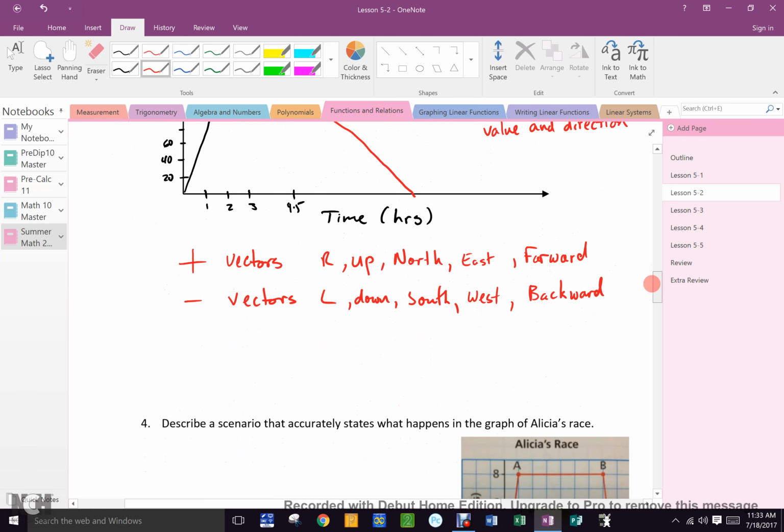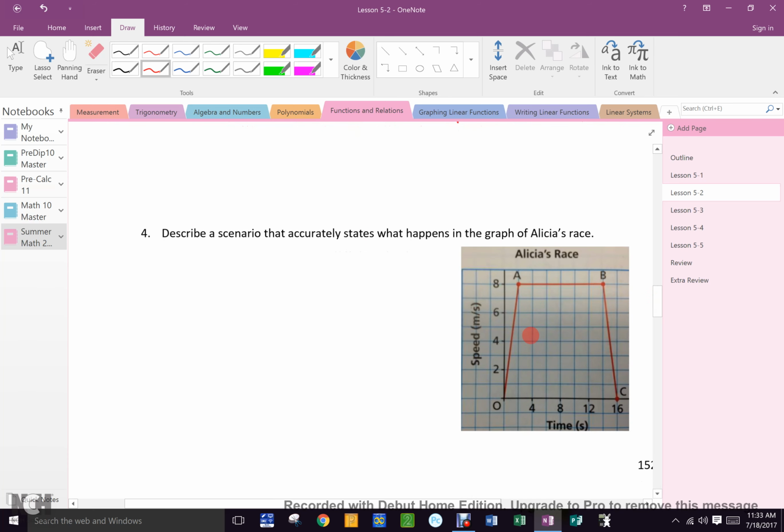All right. So now you guys look at this graph. Look very carefully at the scales and tell me what is happening. It looks like a drag race. Absolutely correct. Nice job.